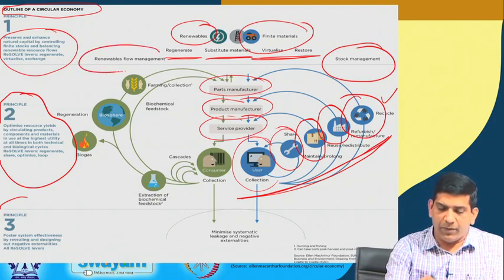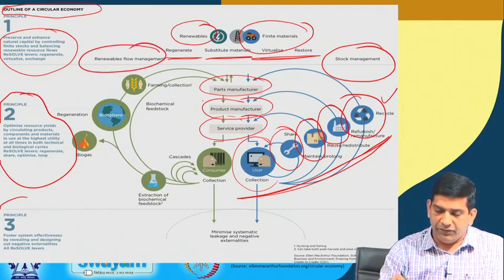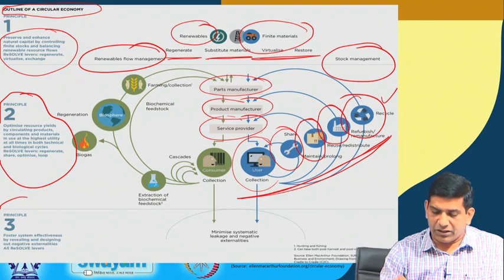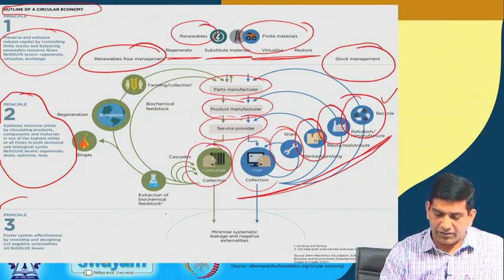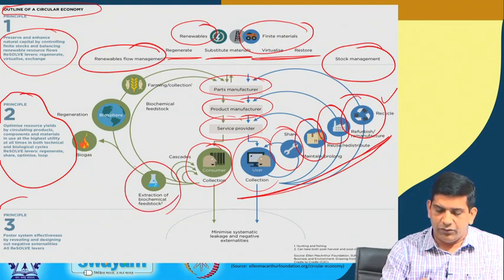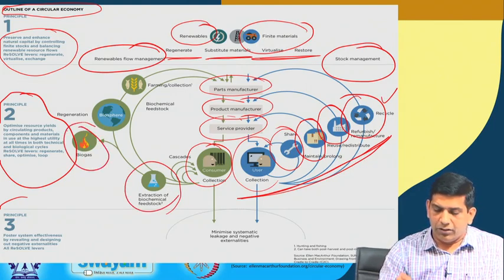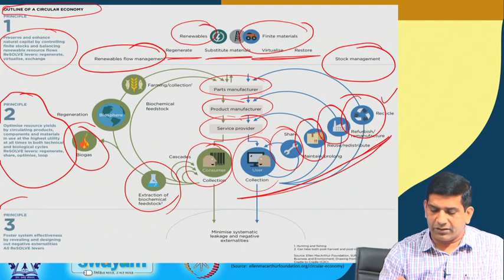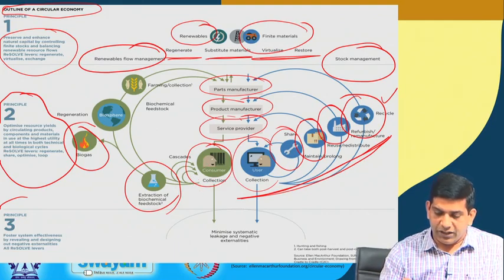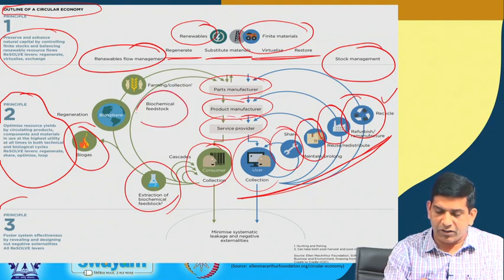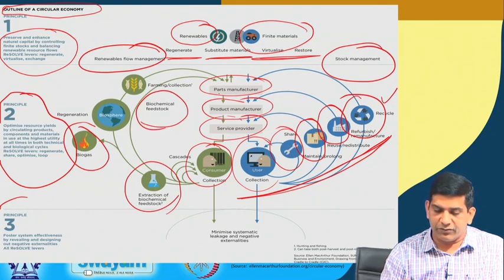On renewable flow management, from the biological point of view, you have some collection, you can extract biochemical feedstock, and you can go for biogas production. You can have some kind of cascades within it in terms of recovering some resources. Biochemical feedstock recovery goes back again to the system.